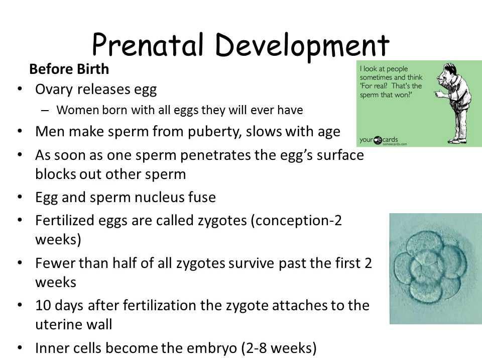Men make sperm from puberty, and that slows down with age. So this is why it's harder for older couples to have a baby. As soon as one sperm penetrates the egg surface, it blocks out all the other sperm. Egg and sperm nuclei fuse, and that's a fertilized egg, and that's called a zygote.